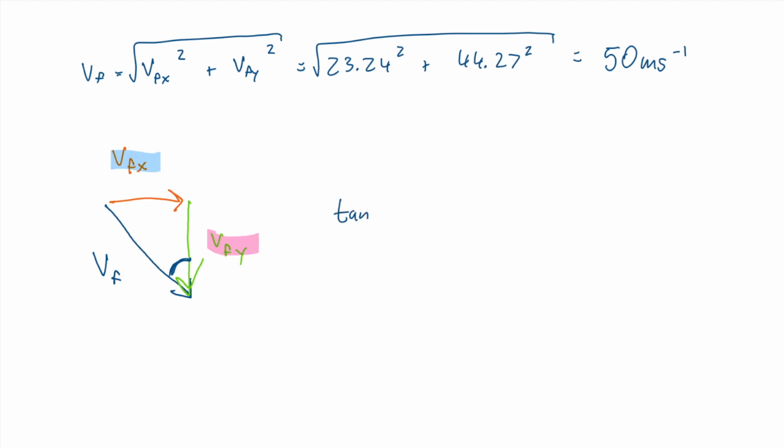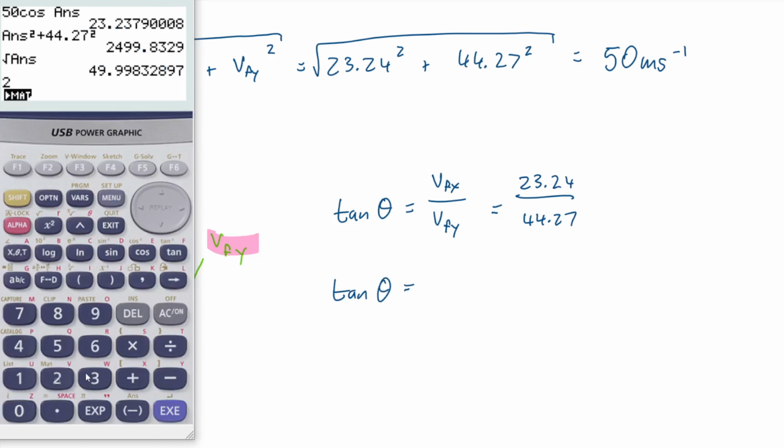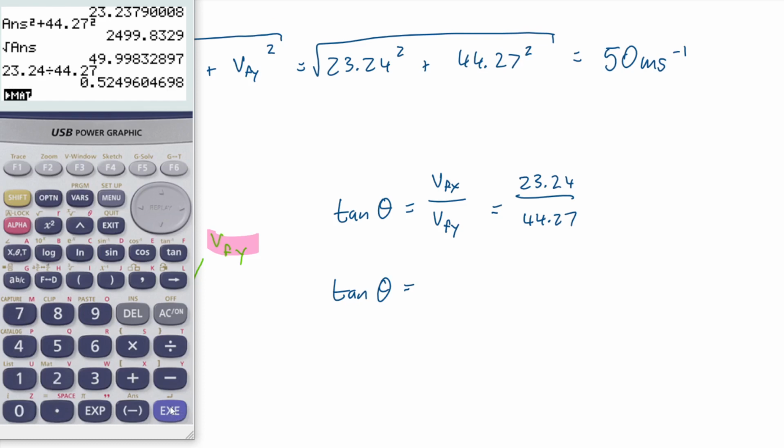So tan of the angle is equal to opposite over adjacent, which in this case Vfx was 23.24 over Vfy was 44.27. So 23.24 divided by 44.27, 0.525.